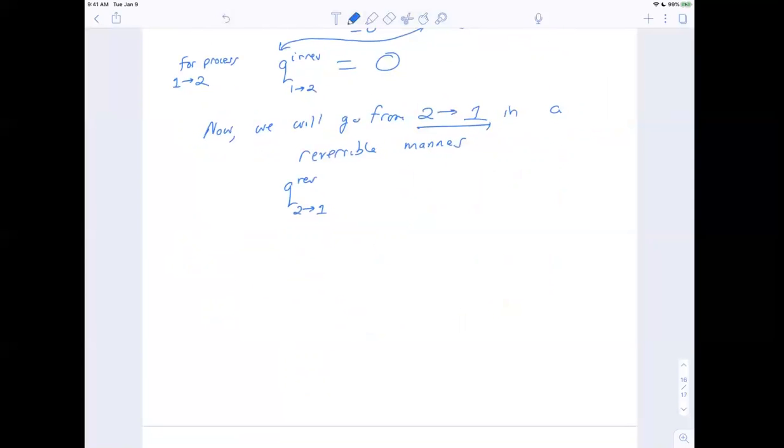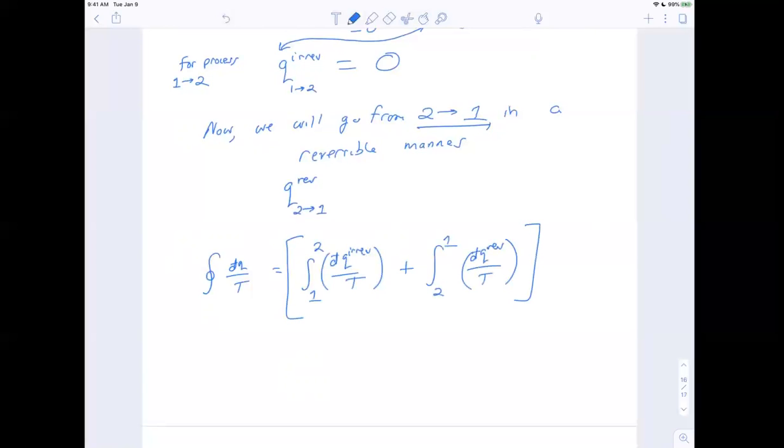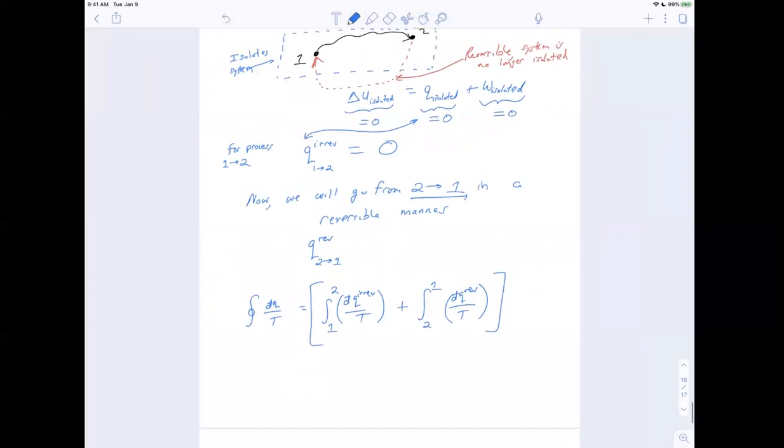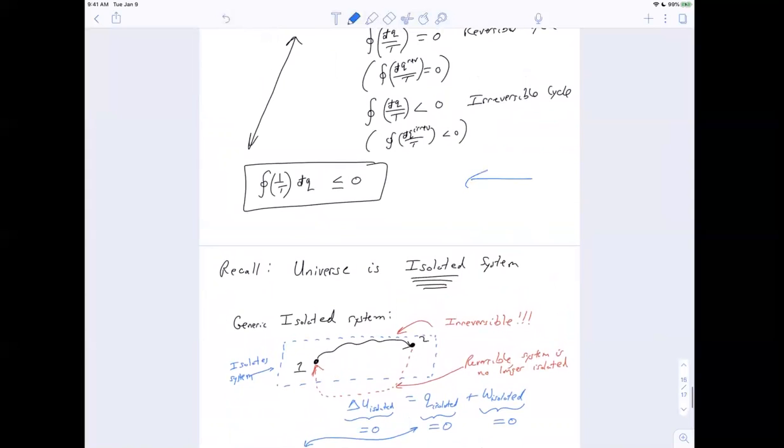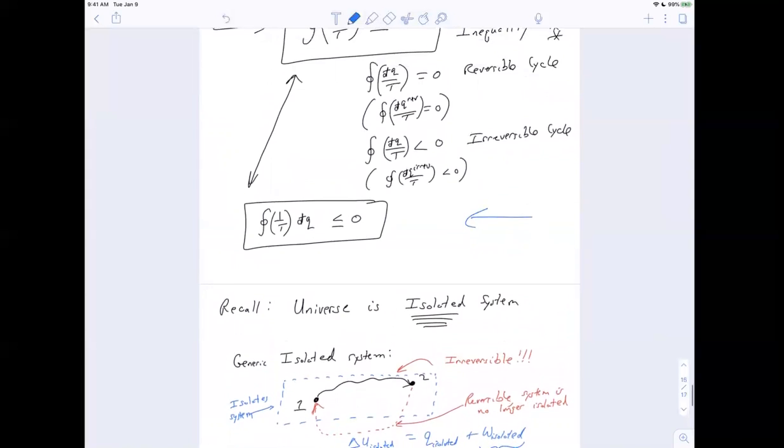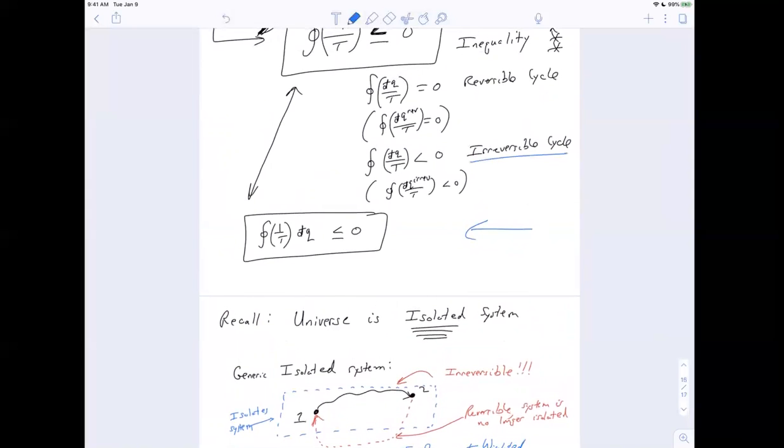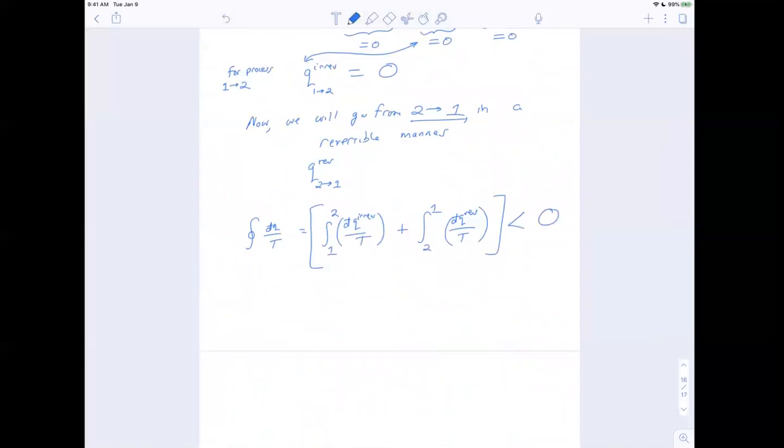The integral over the cycle, we go from 1 to 2 back to 1, of dq over T, is going to equal the integral from 1 to 2 of dq irreversible over T plus the integral from 2 to 1 of dq reversible over T. And remember, since that whole cycle is irreversible, this will be less than 0.